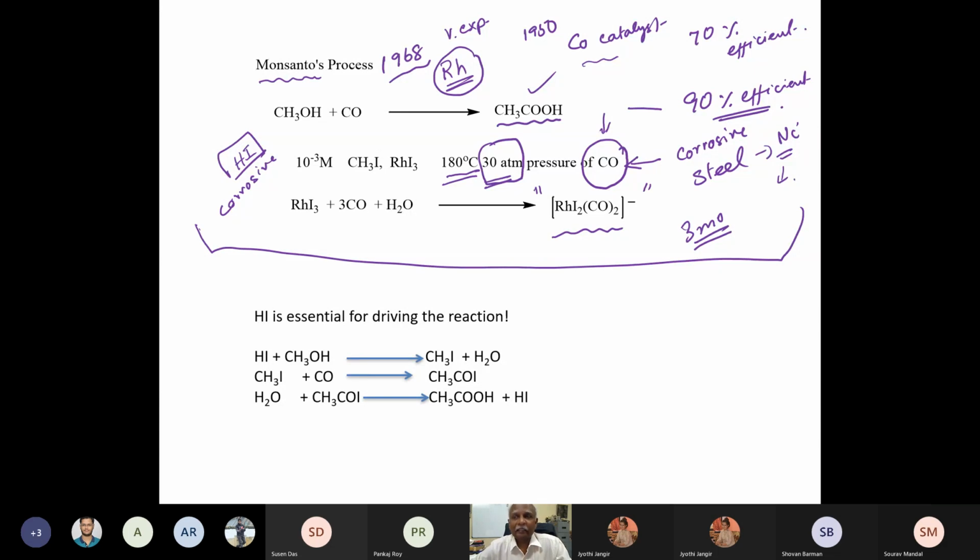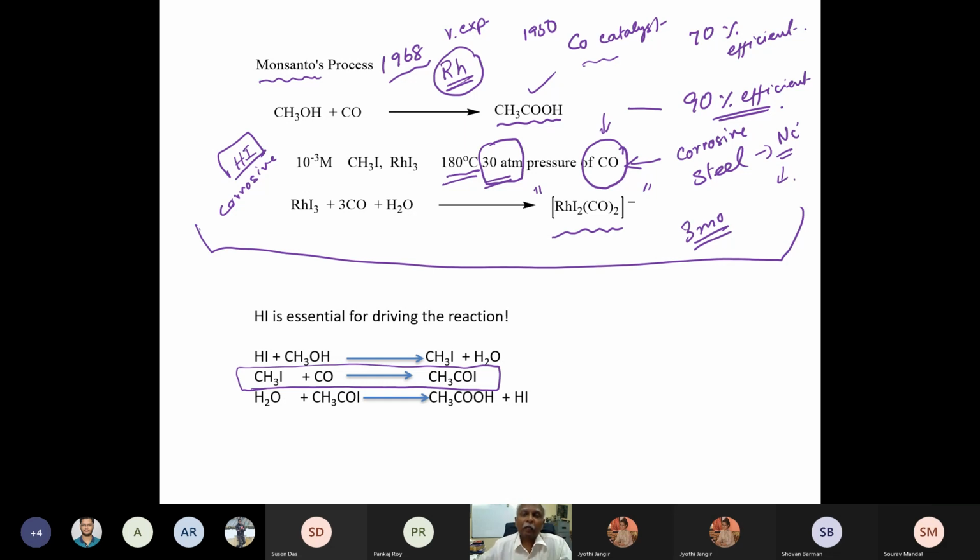I had mentioned that HI is essential for driving the reaction, and this is because HI converts methanol into methyl iodide. If you look at the first step in the reaction, it is the reaction between methyl iodide and the rhodium species that we have written. We'll write the catalytic cycle in a minute, but this is not possible with only methanol. It is because of the presence of methyl iodide that the reaction goes so facilely.